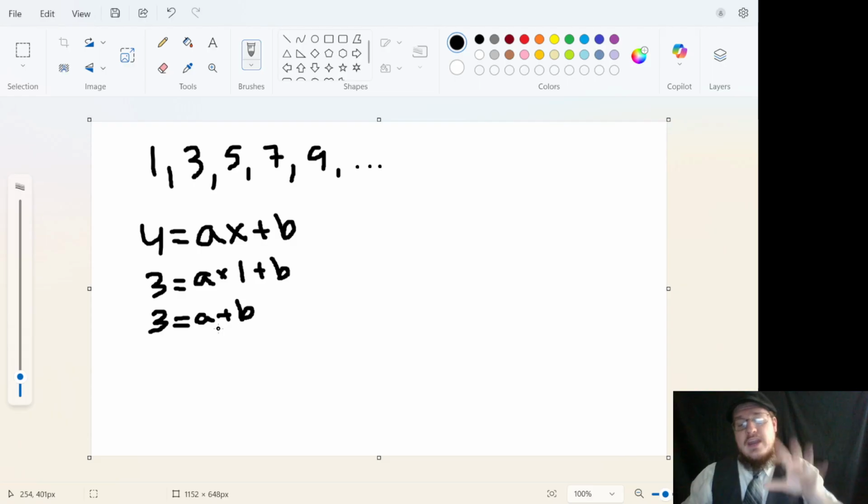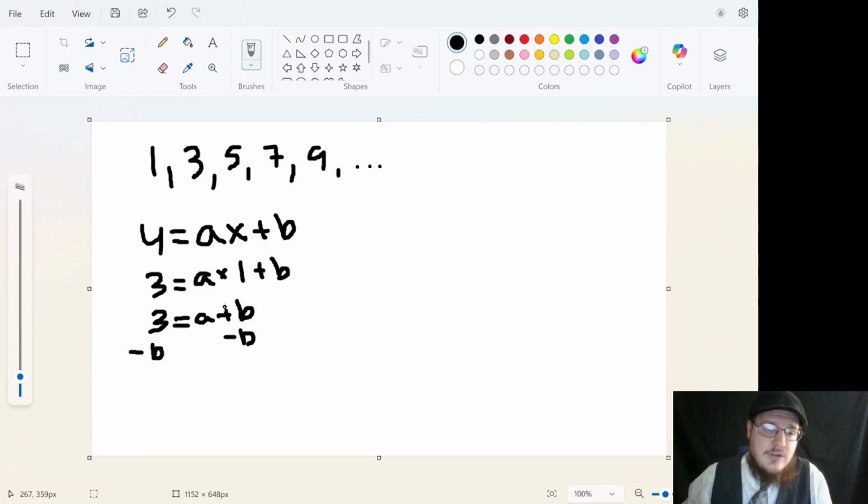Now, we need to get the A by itself. In this case, what we're going to do is subtract B from both sides, okay? What you do to one side, you do to the other side, okay?